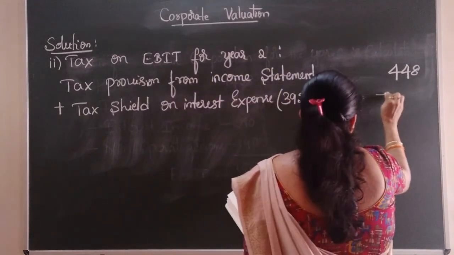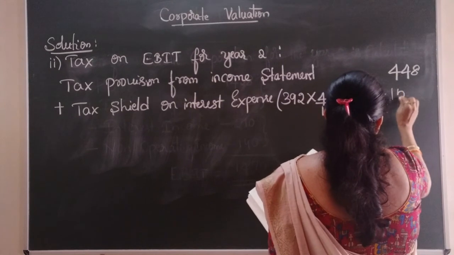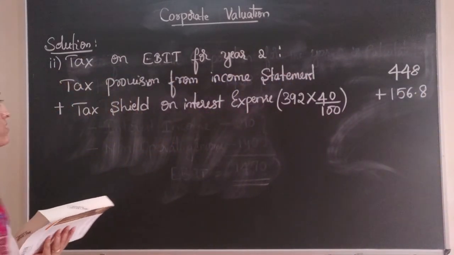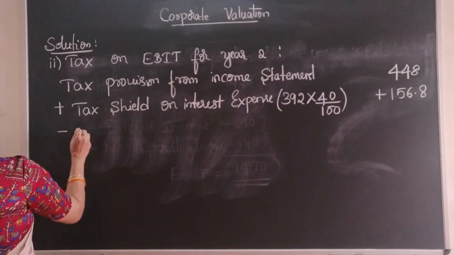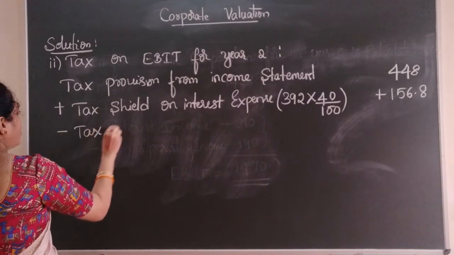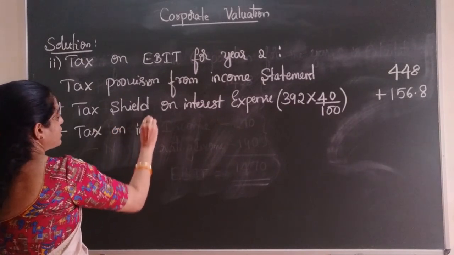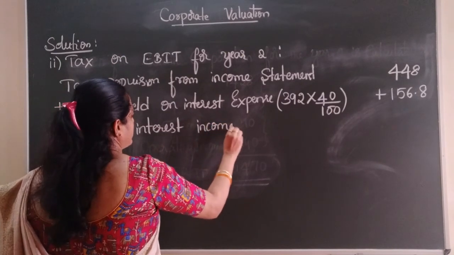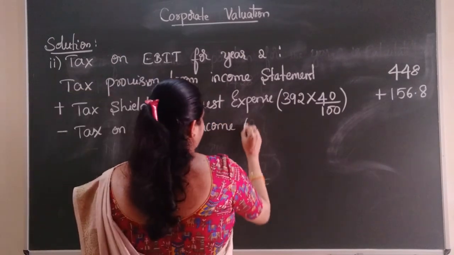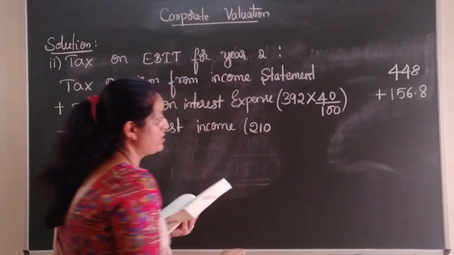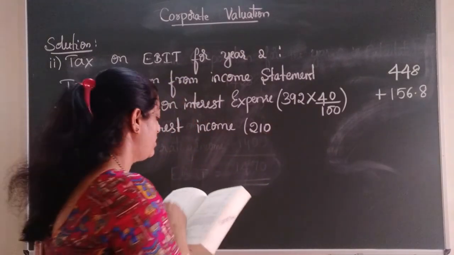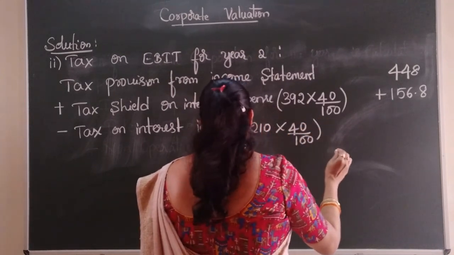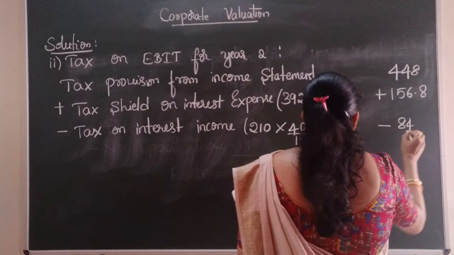So the answer is plus 156.8. So this is the tax shield on interest expenses. Less, deduct tax on interest income. Interest income is 210, that is income from marketable securities, multiplied by 40%, which is minus 84.